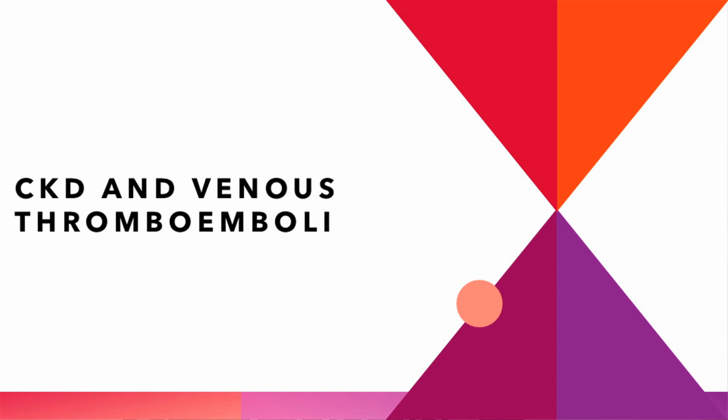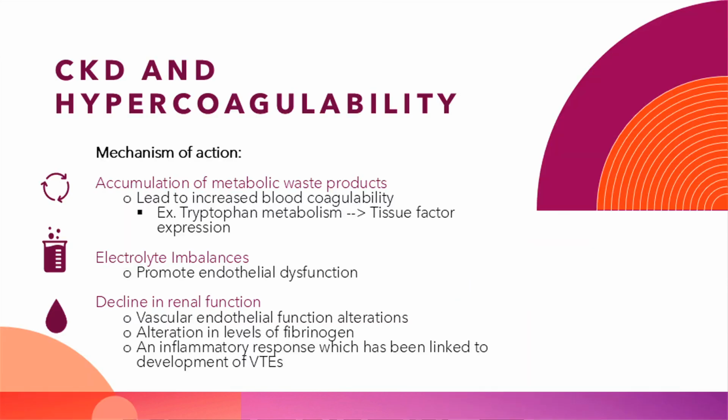So when it comes to chronic kidney disease and venous thromboemboli, including PE and DVTs, we know that CKD induces a prothrombotic state. This happens from several mechanisms. One is the accumulation of metabolic waste products, like for example, when tryptophan is metabolized, there's tissue factor expression that can stimulate the coagulation cascade.